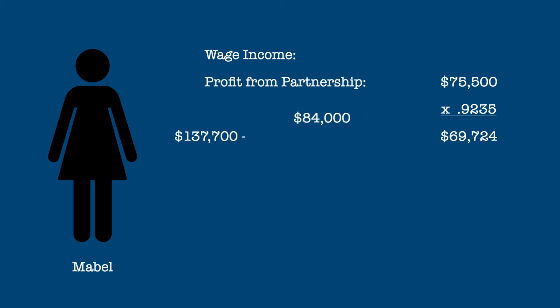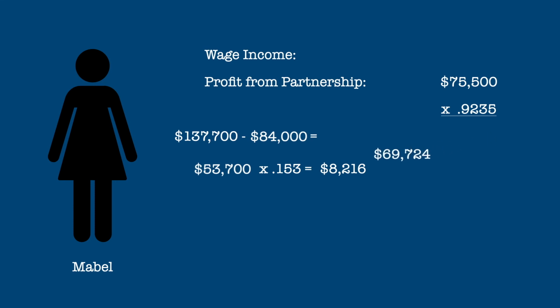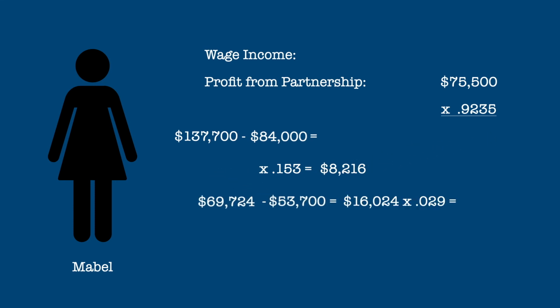Then she subtracts her wages from the Social Security maximum, yielding $53,700. This is the share of her profits that are subject to both Social Security and Medicare taxes and is multiplied by 0.153, resulting in $8,216. The remaining profit, or $16,024, is subject only to the Medicare tax of 2.9%, or $464.